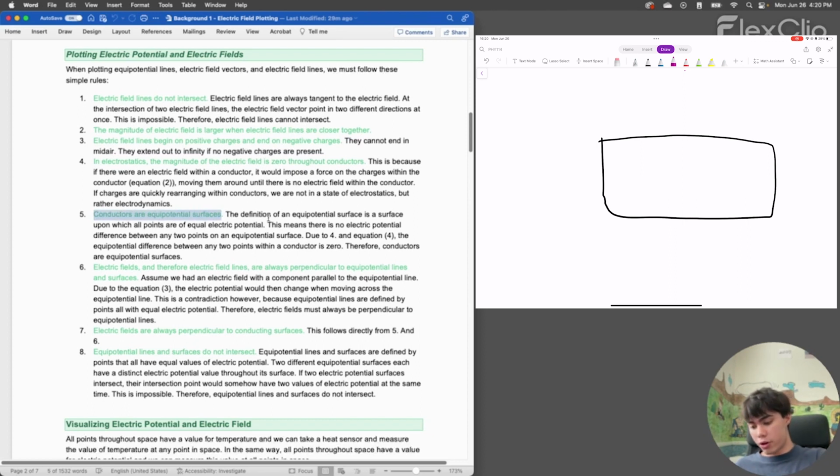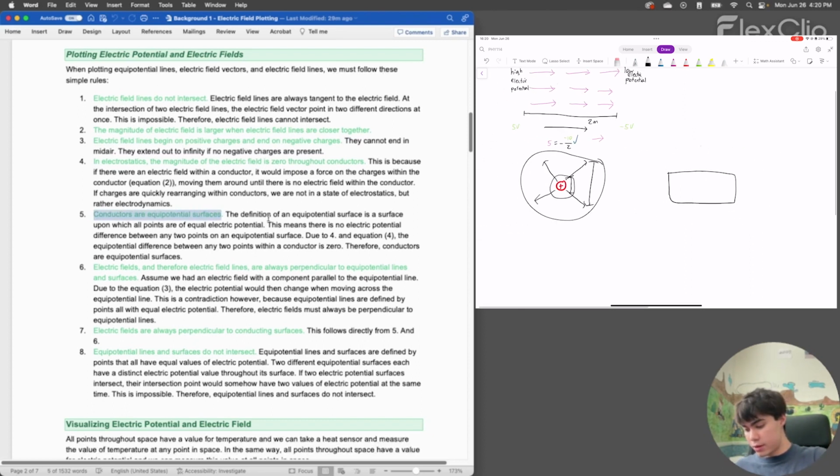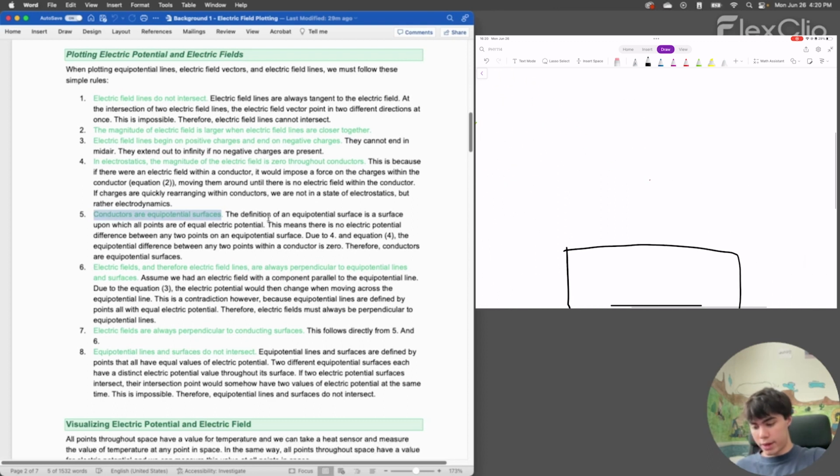Because of this, conductors are equipotential surfaces. So going back to our equation from before, rearranging it, we have change in voltage is negative E times change in D. That's the equation rearranged.